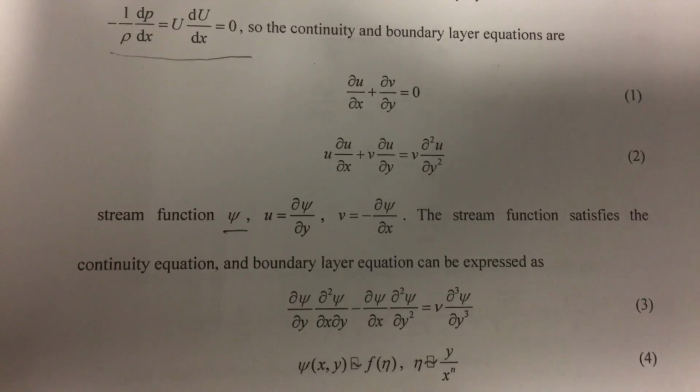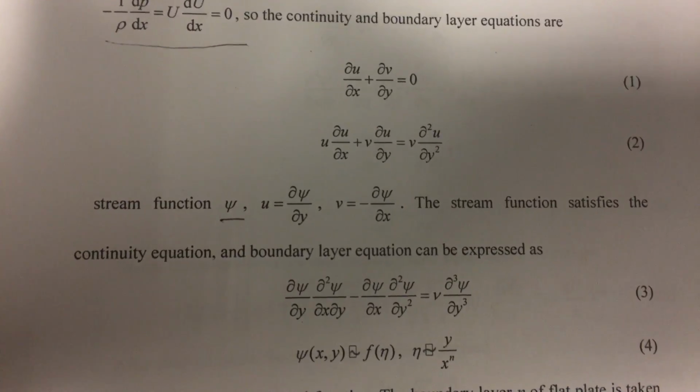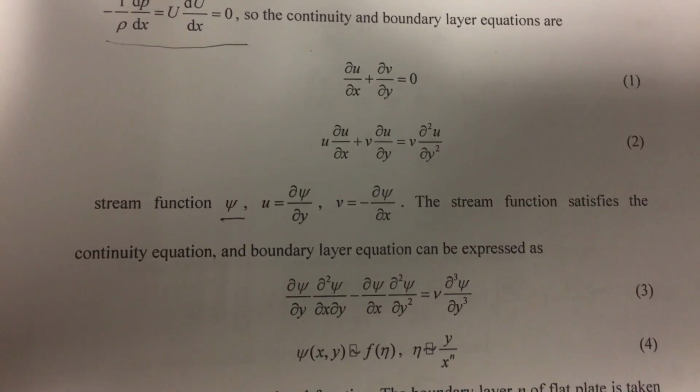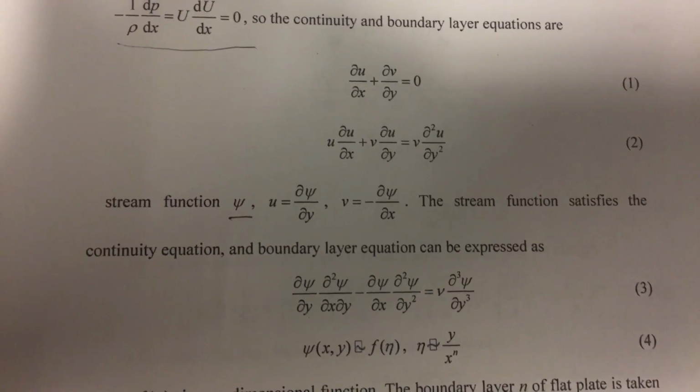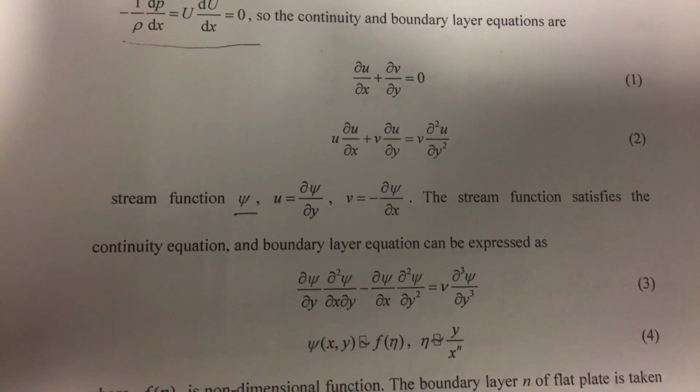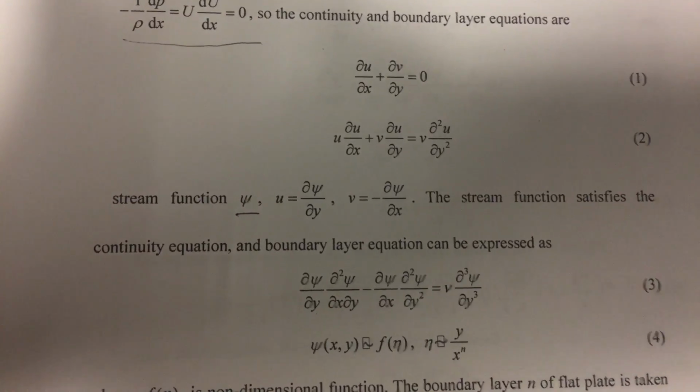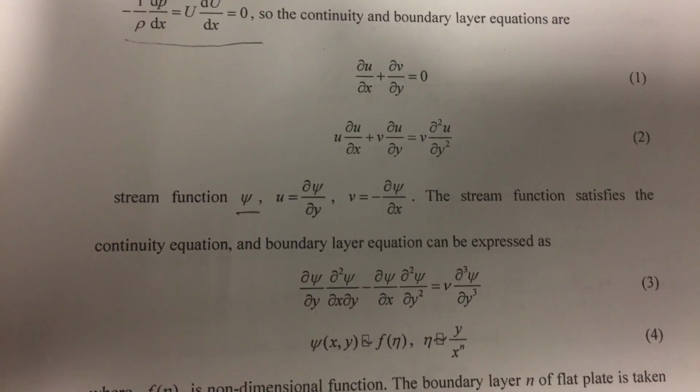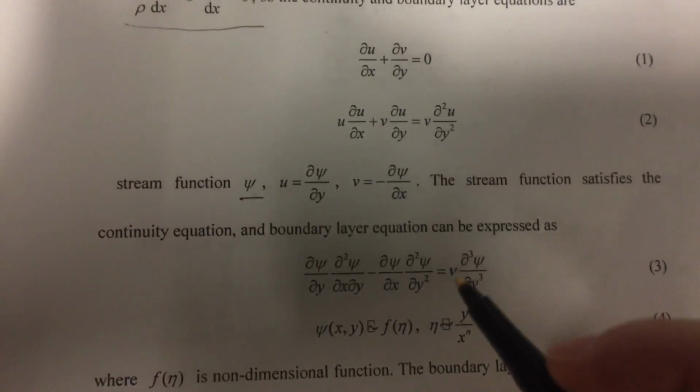Okay, so the equation is a parabolic partial differential equation and has no geometric characteristic length. So similarity solutions exist. That is, we can assume the form of the similarity solution is here.